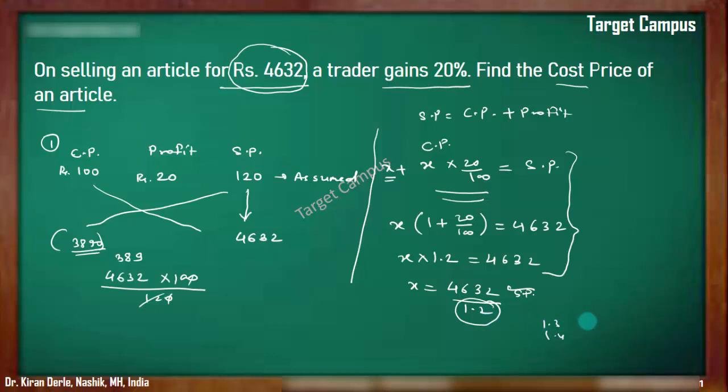If it is 5%, 1.05. If 50%, 1.5. If there is a loss, we divide by the remaining percentage, like for 25% loss, we divide by 75. Just this step. But where does this step come from? From the earlier steps only. Hope you understood this.